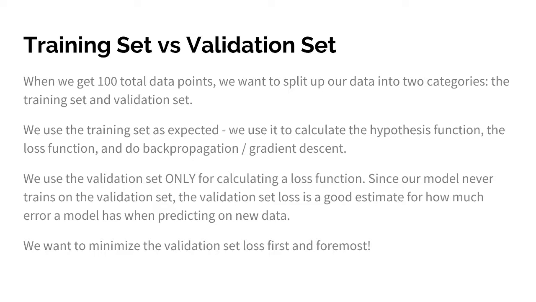Because while the model can get better and better at predicting the outputs for the training set, it might not necessarily be getting better at outputting for new data points, as we saw with our previous underfitting and overfitting examples. And so when we're training these neural networks, first and foremost, we want to minimize the validation set loss, not necessarily the training set loss. And I'll show you why.